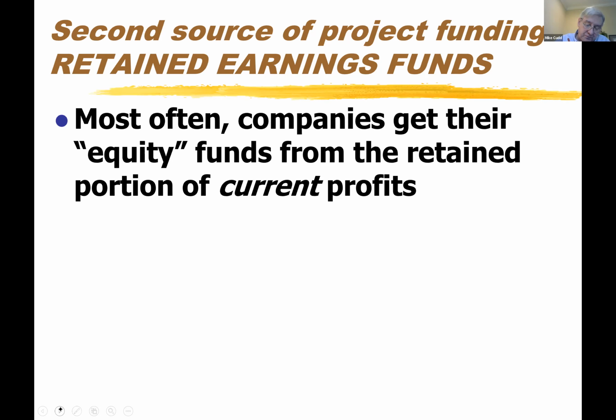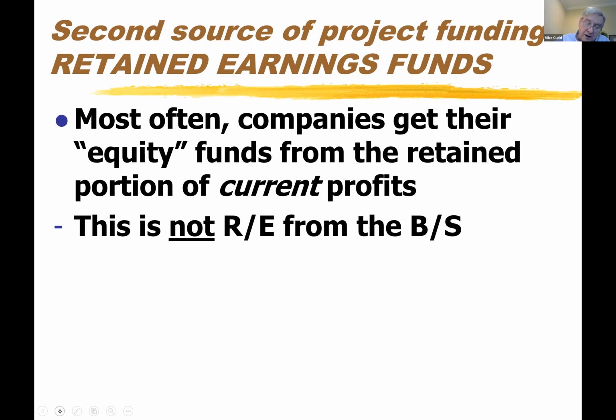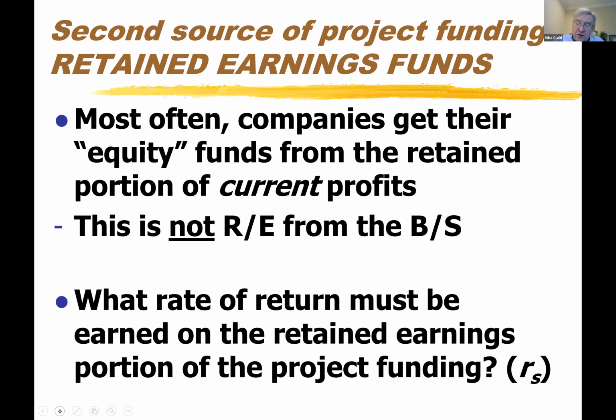And what we've got to figure out is what rate of return do we need to earn on the retained earnings funds? Now we use the symbol R sub S as the component cost of retained earnings, or the minimum required rate of return on retained earnings.